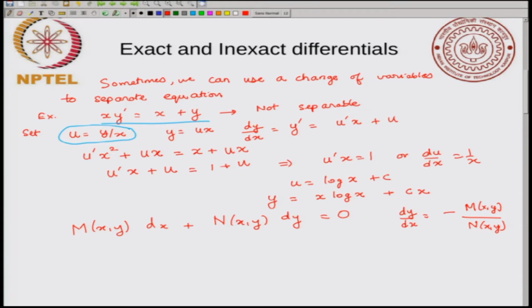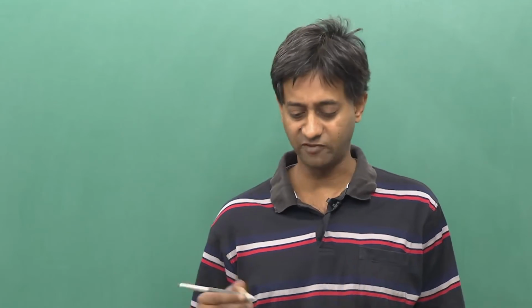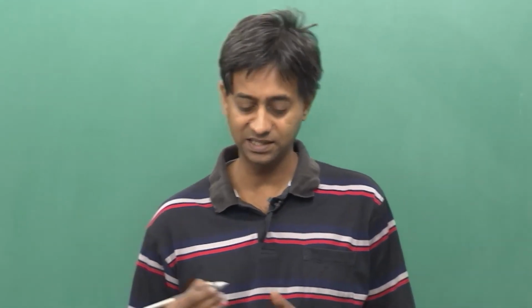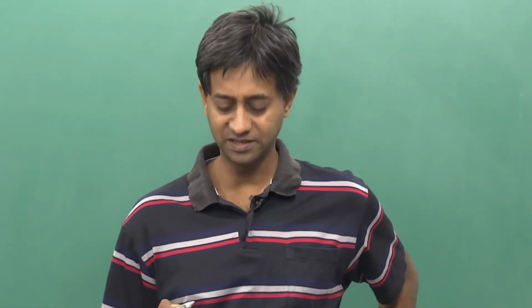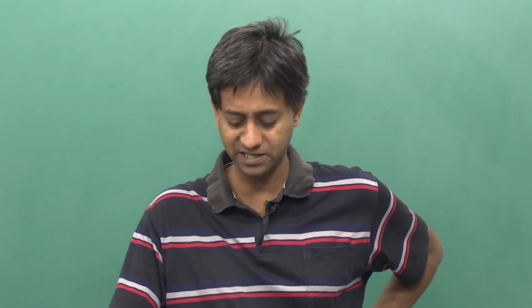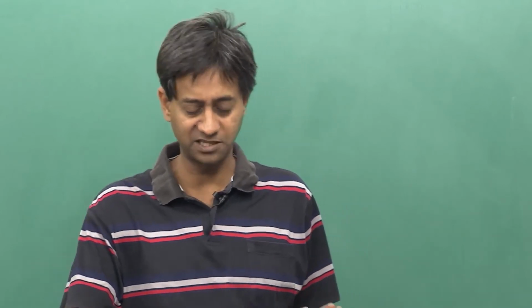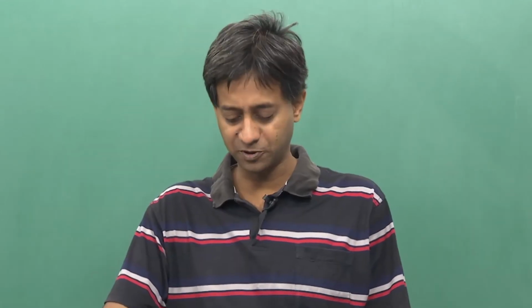Now, when we studied vectors, and we studied the gradient of a vector, we studied potential theory. When we studied potential theory, we said that force can be expressed as a gradient of a potential if the various components satisfy some relation, and exactly the same idea can be used here.